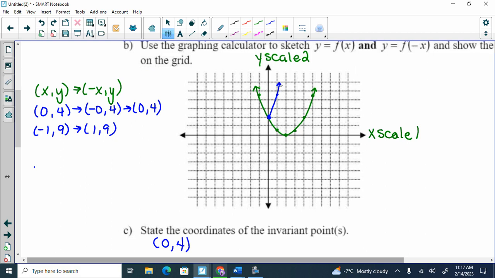And then I have 1, 1. It's going to become negative 1, 1. Two, 0 becomes negative 2, 0.